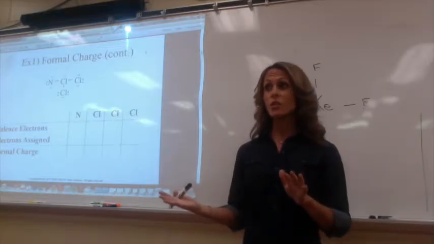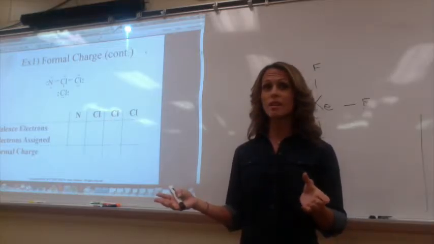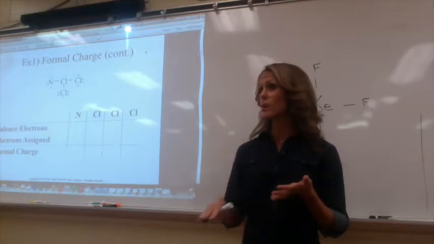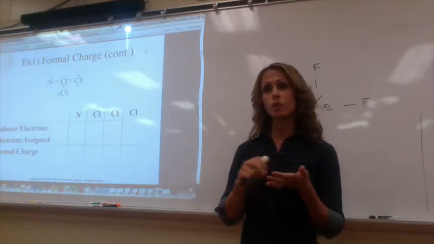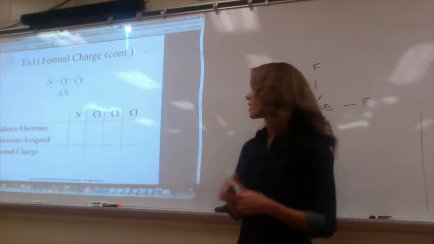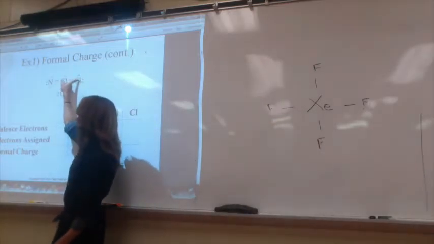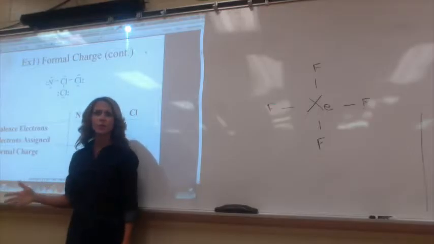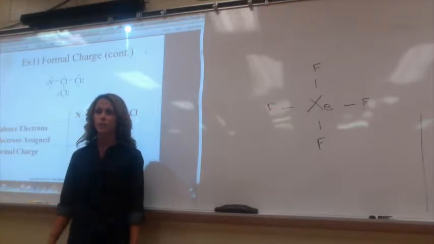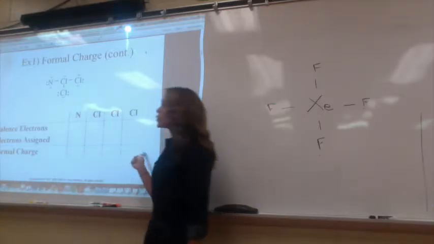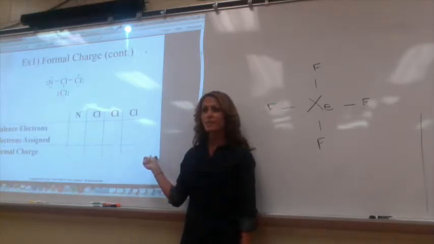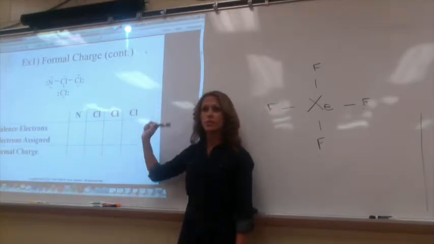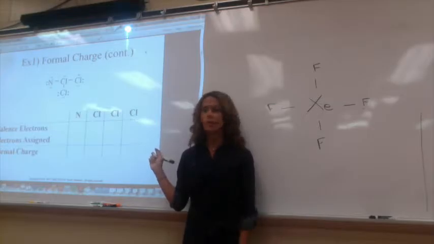They have asked this question as a free response on the AP exam, and I have seen responses where students try to verbally write sentences about it, but how do you identify this chlorine from this chlorine from this chlorine? It gets way too confusing, and an AP reader is not going to have time for that, and they're just going to mark it wrong. So either you draw a table exactly like this, or you draw the charges on the structure, and I'll show you that example in a moment.